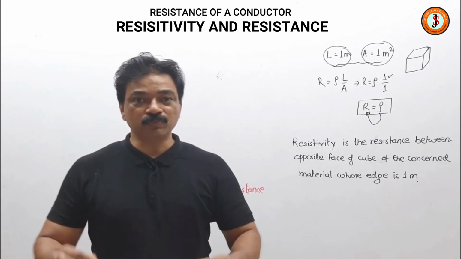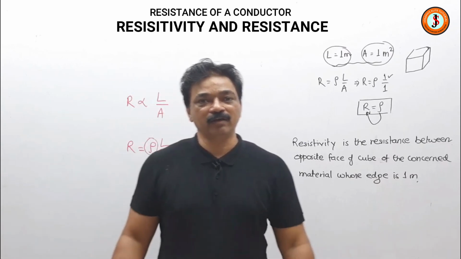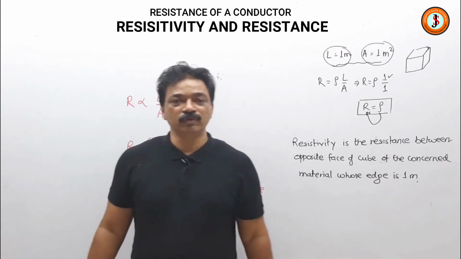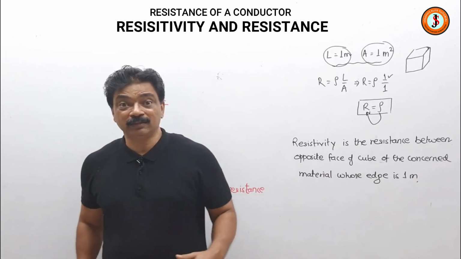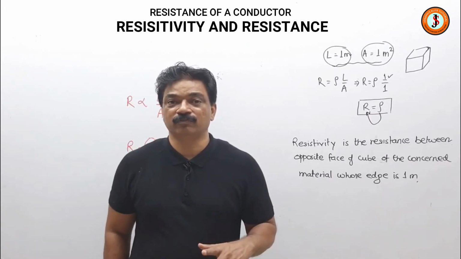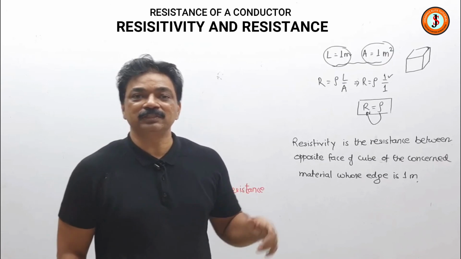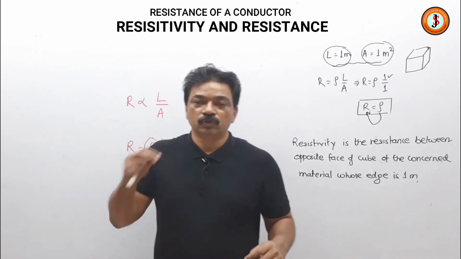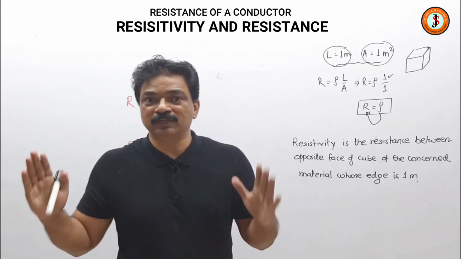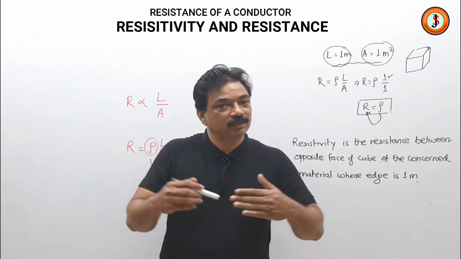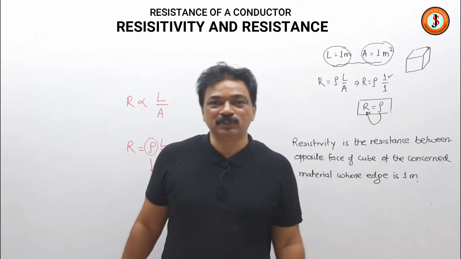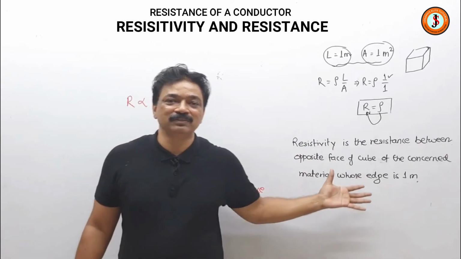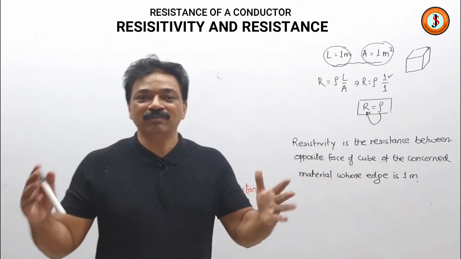They will ask you, suppose you double the length of a wire whose resistance is 5 ohm, keeping the thickness the same. Then the resistance will double, it will become 10 ohm, but the resistivity will not change, because the definition of resistivity is fixed for a given dimension.